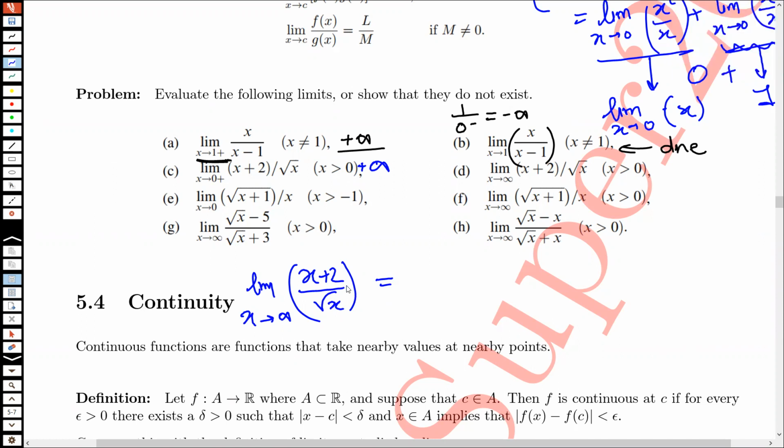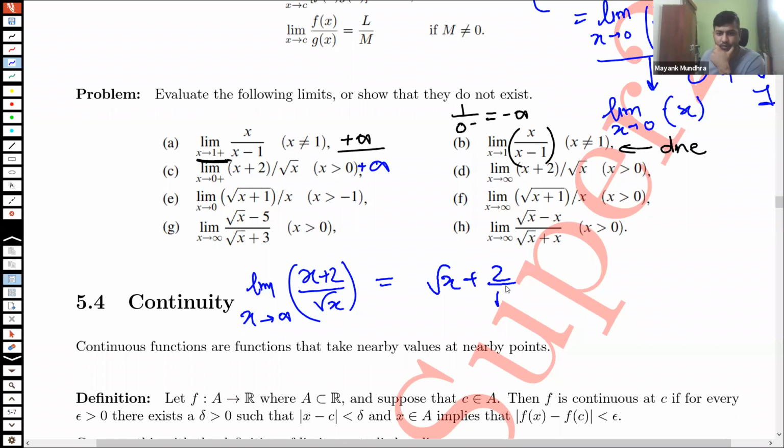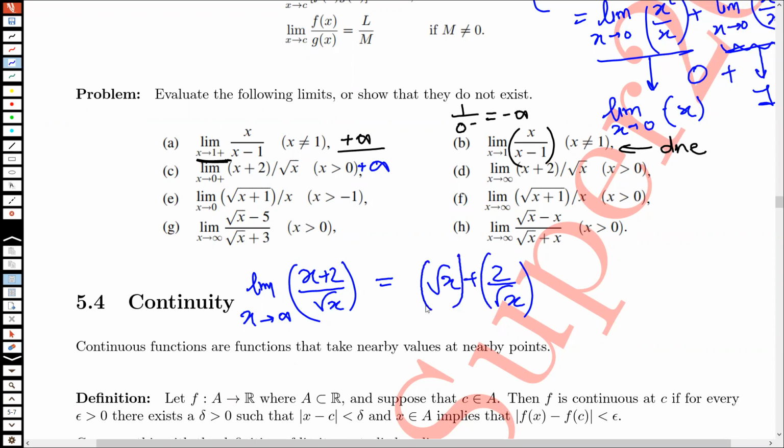Sir, I noted as root x plus 2 by root x as x tends to infinity. Sorry, I can't hear you properly. What's going to be this one? I wrote it as root x plus 2 by root x. Very good. Root x plus 2 by root x. Fine. What happens to root x as x tends to infinity?